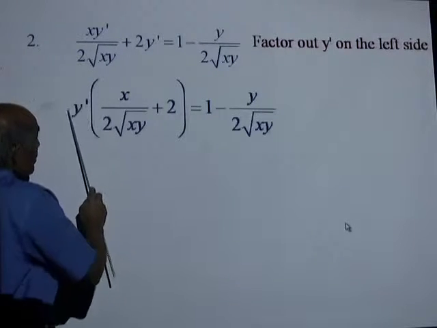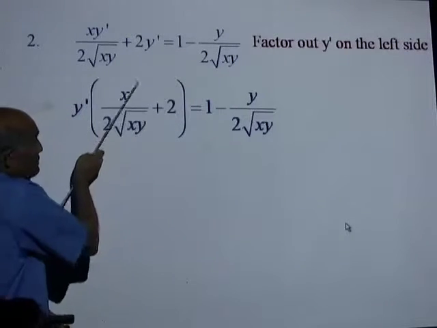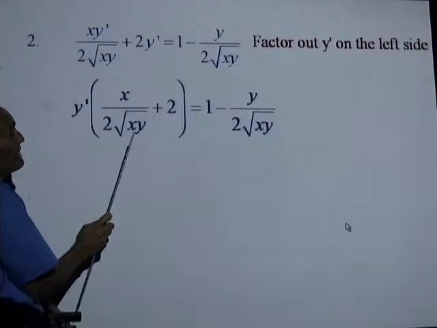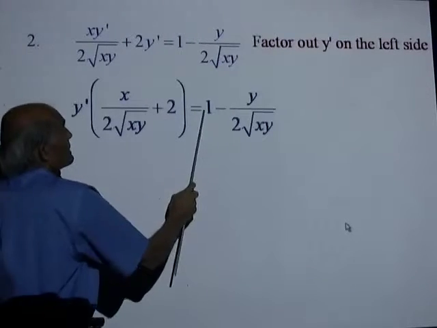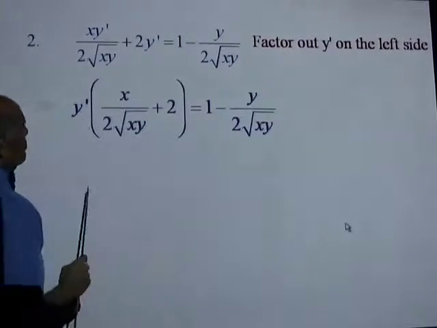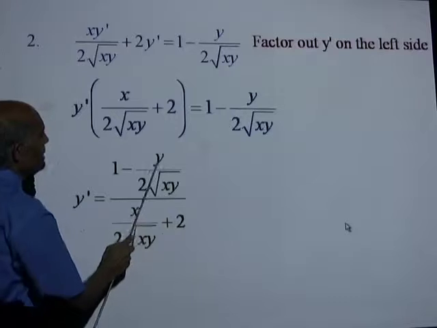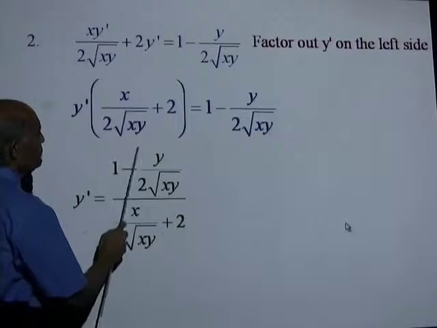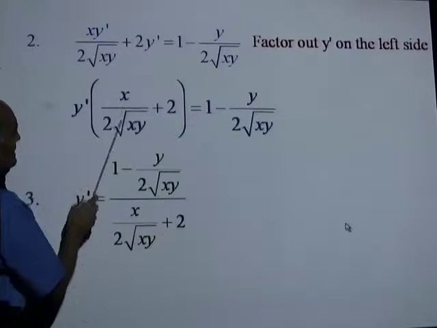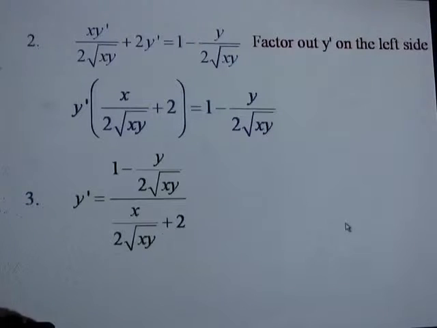Now, you need to solve for y prime, which means divide both sides by this quantity. So what will that be? Y prime will be this quantity divided by that quantity. So y prime will be 1 minus y over 2 square root xy, divided by x over 2 square root xy plus 2.